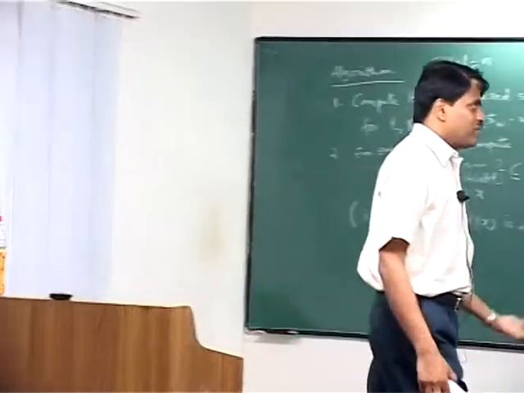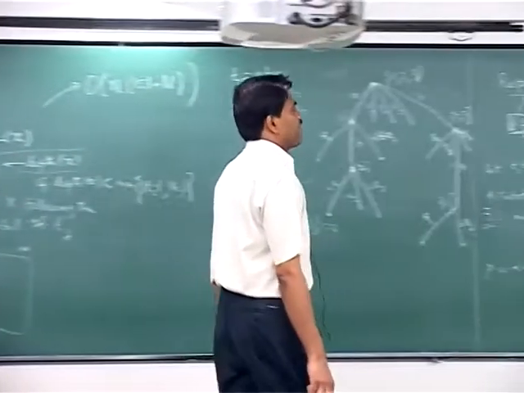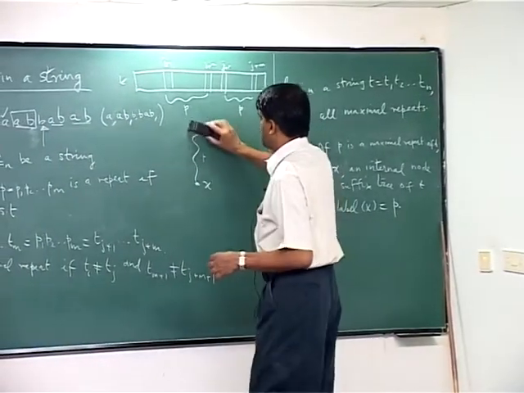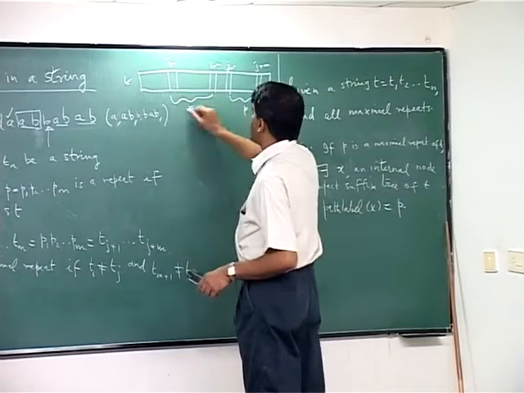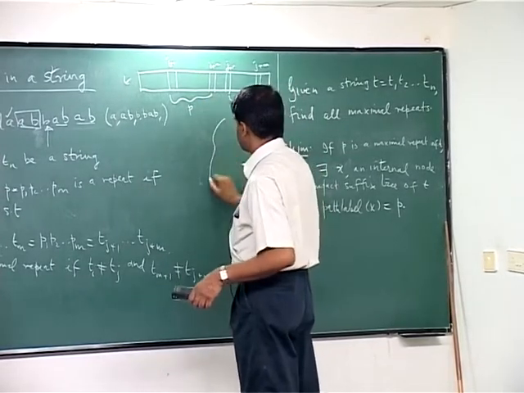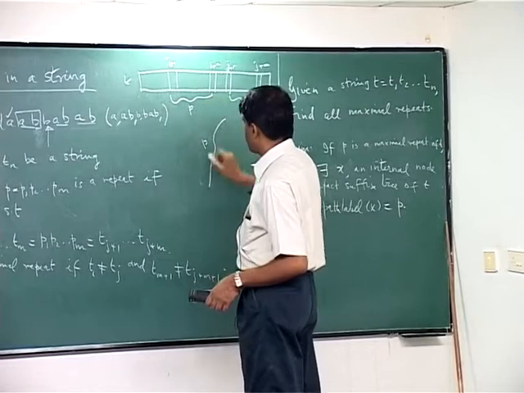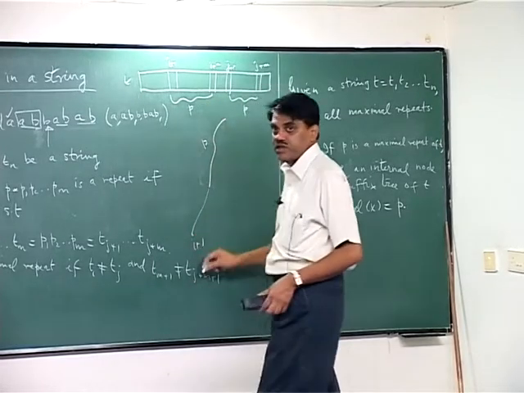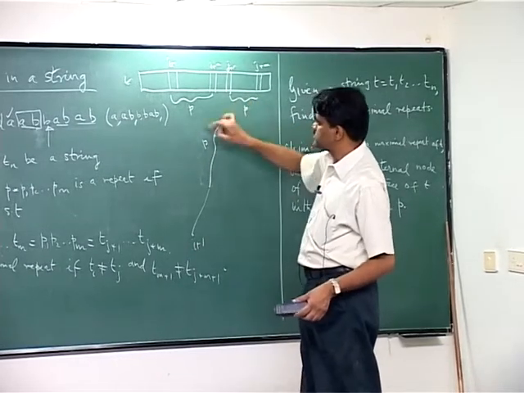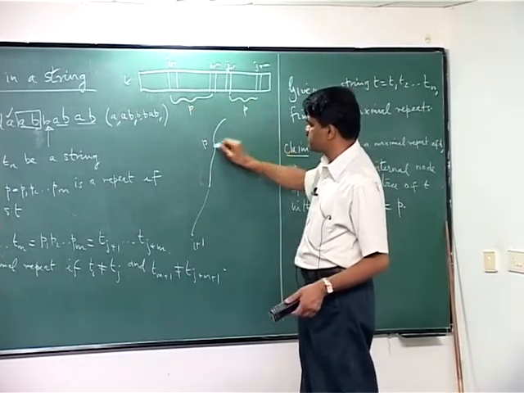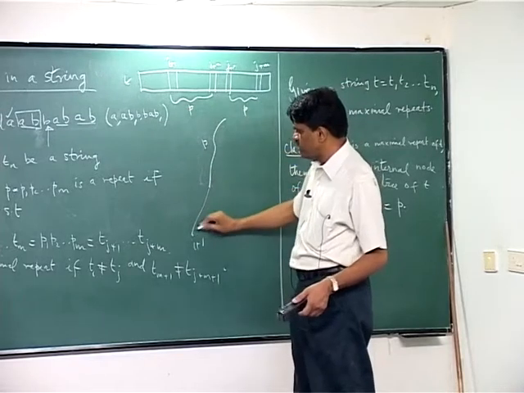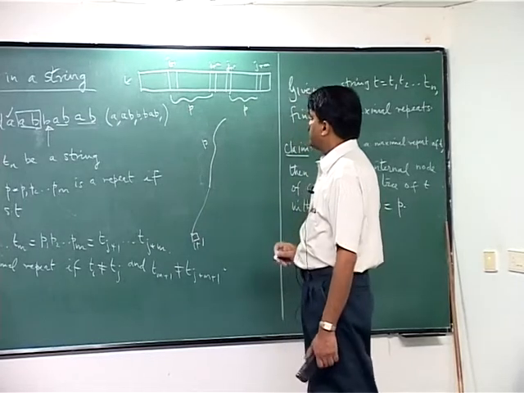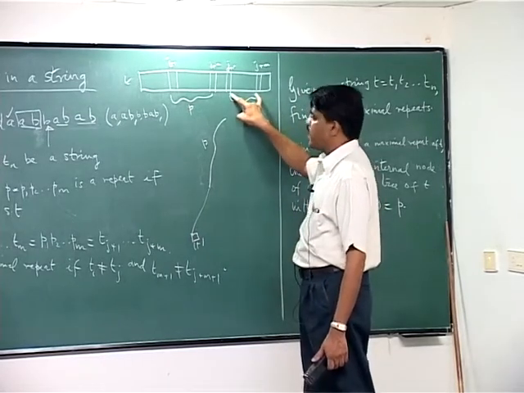Well, because this P appears in two places. If you look at the suffix starting at I plus 1, P will be here and then it goes somewhere, and you will have I plus 1 as a leaf in the suffix tree. The substring P is what the first I plus 1 has, and then it branches off somewhere, and P also happens to be appearing here.